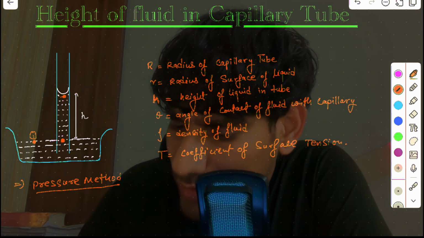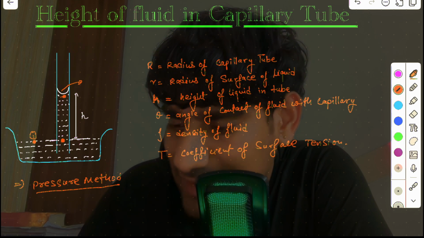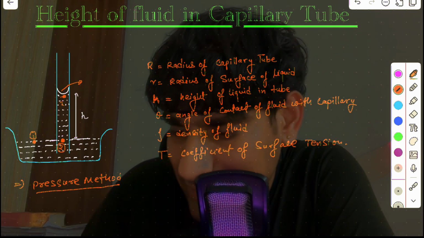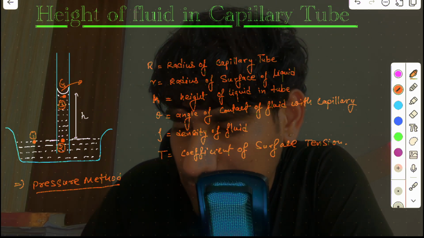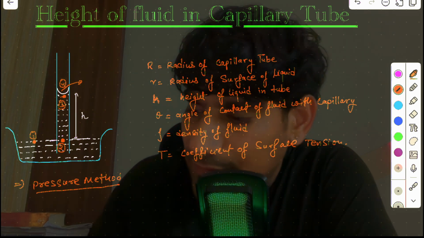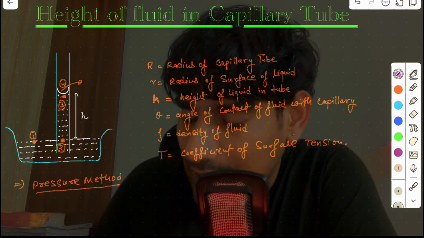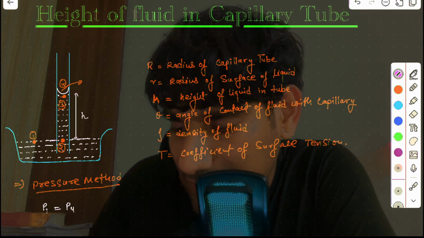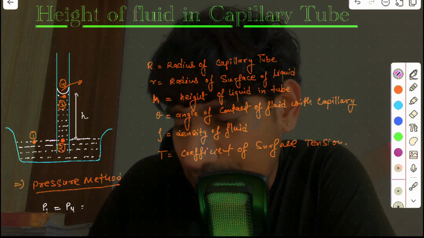Let us take one more point, so I have points 1, 2, 3 and 4. If I ask you what the pressure at point 1 is, you will say atmospheric pressure. That is also equal to the pressure at point 4, which is P naught.